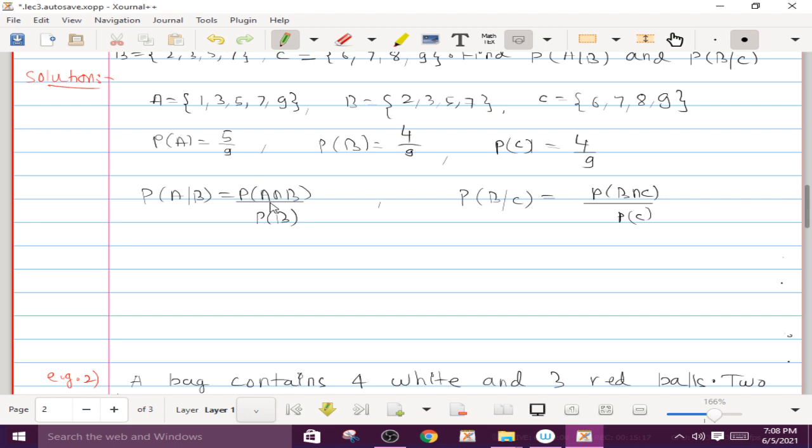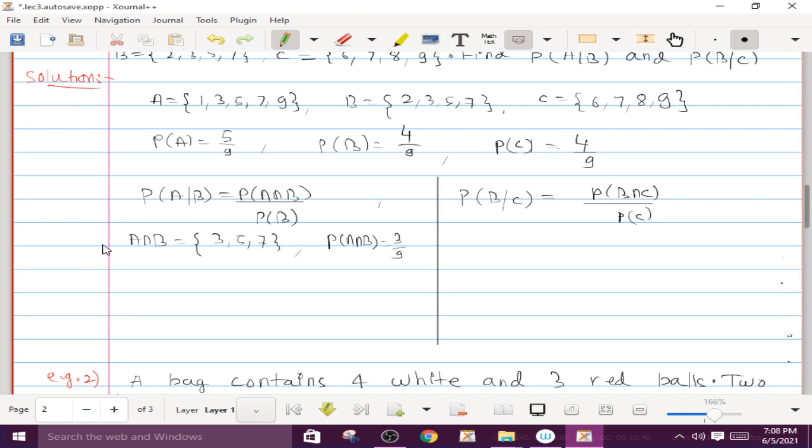So to find this probability, first of all we have to see what is A intersection B. So what is A intersection B here? A intersection B is equals to, see here, what are the common elements in A and B? So 3, 5, 7. Therefore the probability of A intersection B is 3 upon 9.